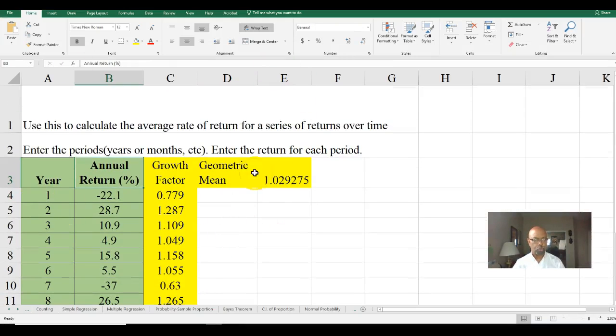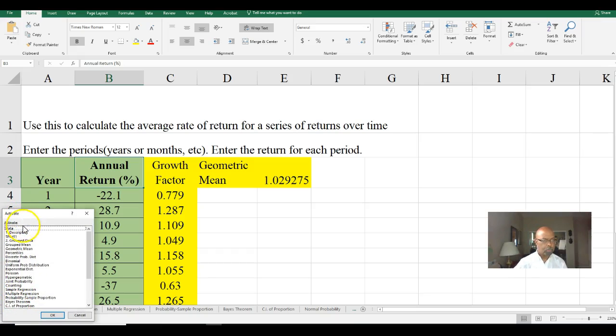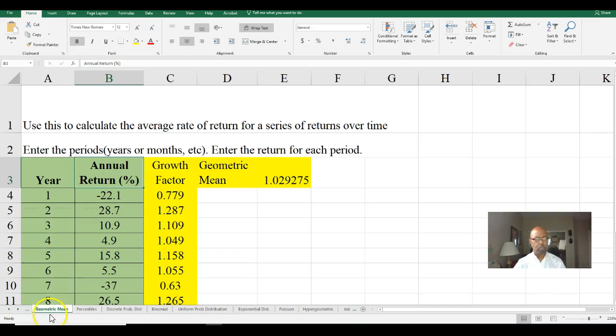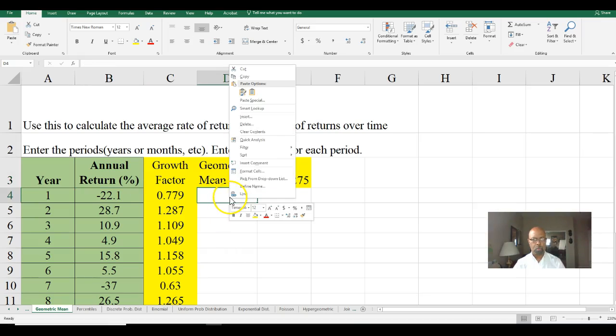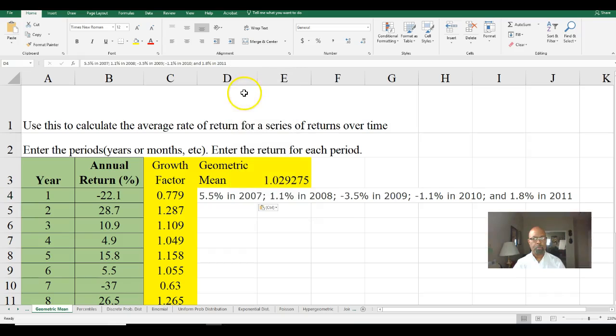In your statistical toolkit, if you look at the menu, you'll see that the geometric mean is one of the tabs that's already been prepared. So I already have this open. I'm simply going to paste my information here for reference.